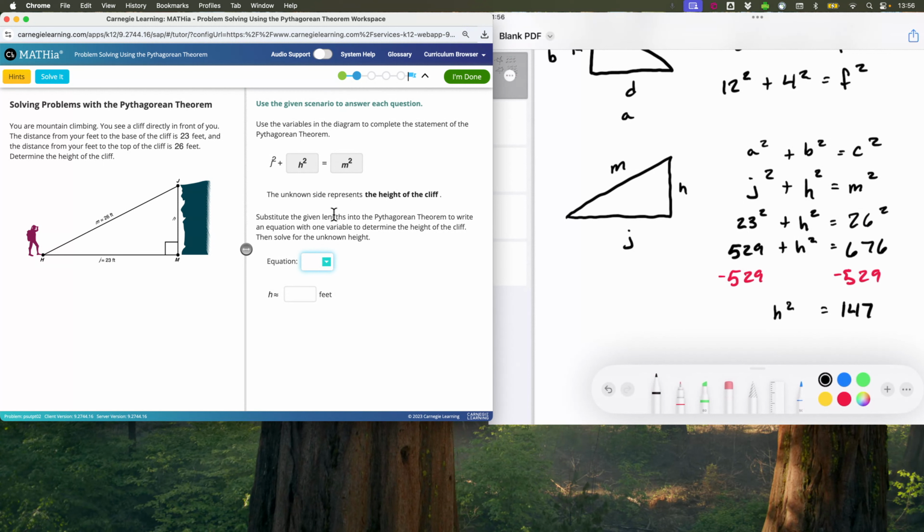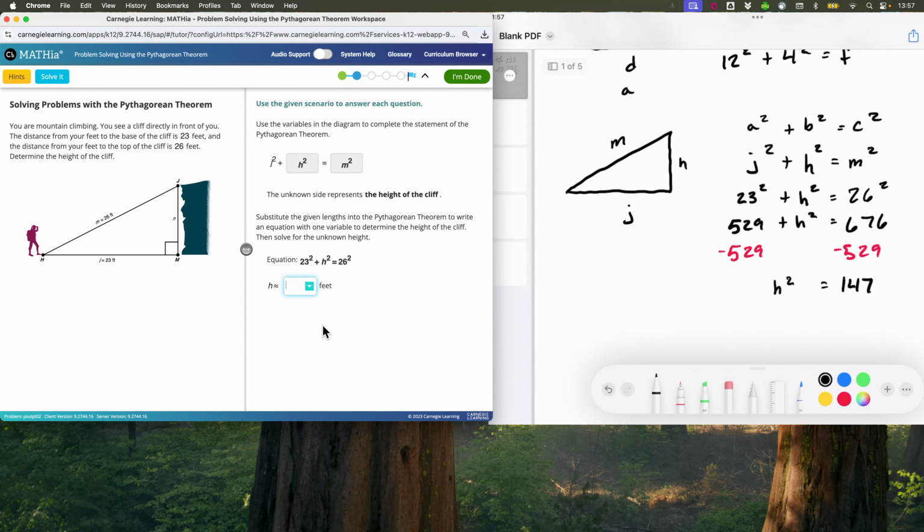Again, I am going to let Mathia do the computation for me once I get down to this piece. But the equation that we started with was 23 to the power of 2, plus h to the power of 2 is equal to 676. The height then is going to be the square root of 147.